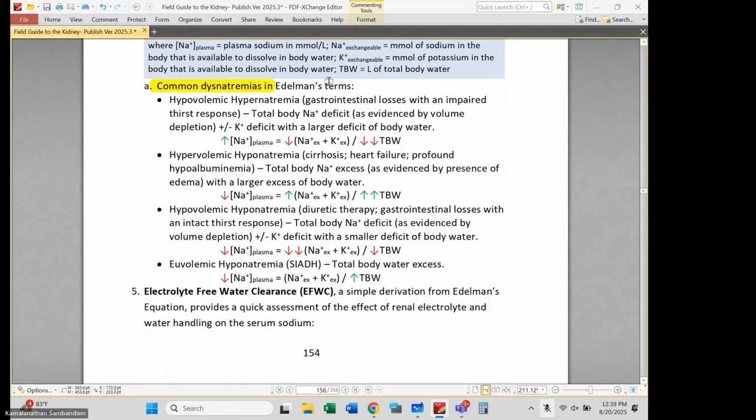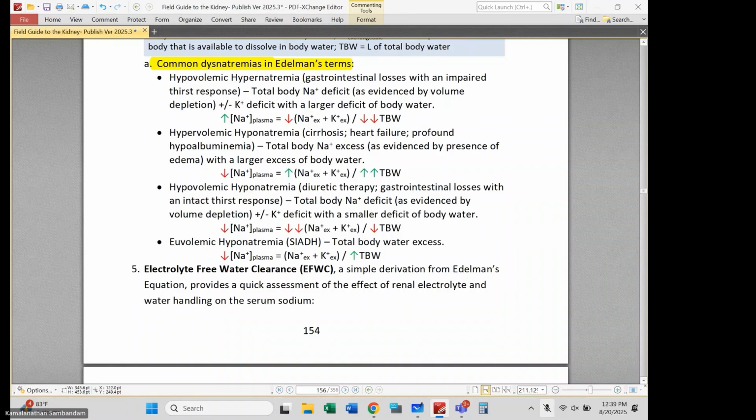Okay, so what are the common dysnatremias in Edelman's terms, right? A hypovolemic hypernatremia, excuse me.